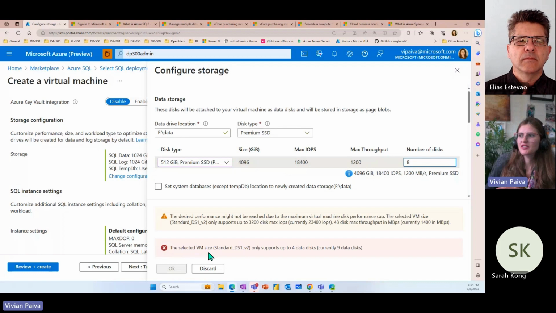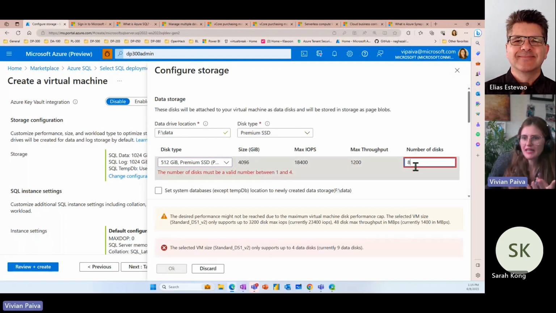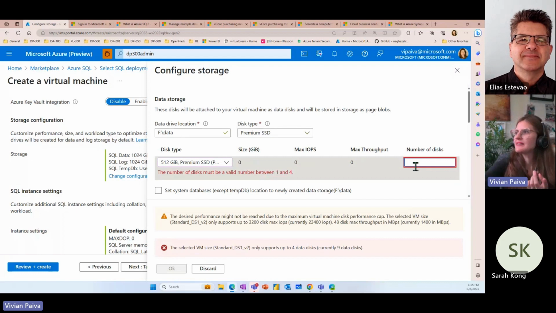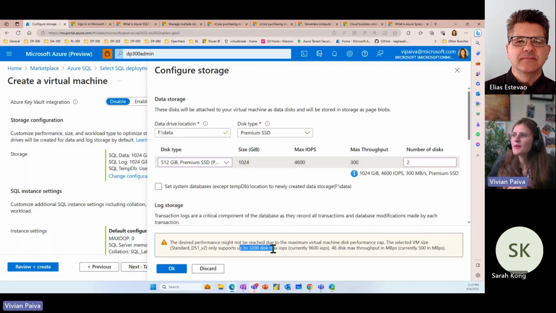But look at the message. This VM size only supports 4 disks, and currently I'm provisioning 9, right? So we need to be careful about the number of disks that is supported. And even though we see here that the maximum IOPS is also going to be limited by the size of my VM.